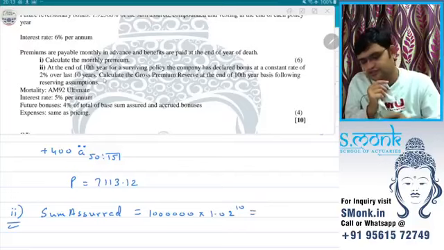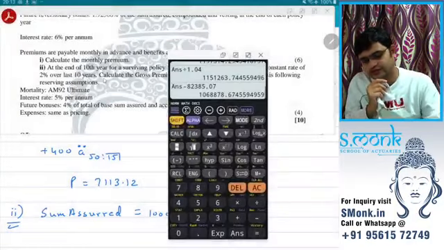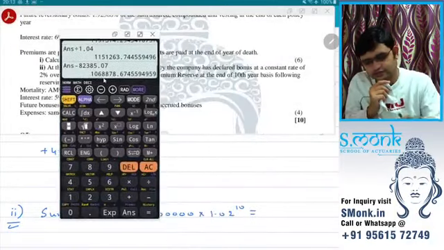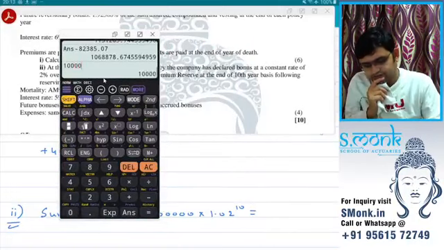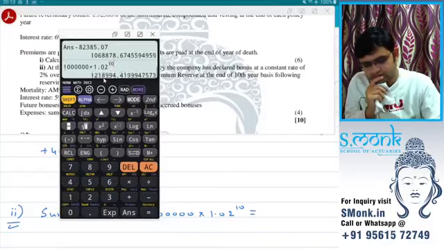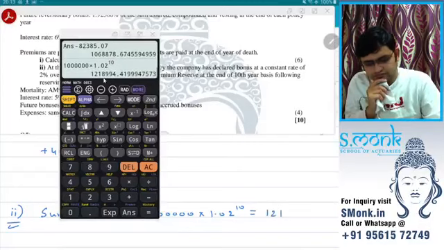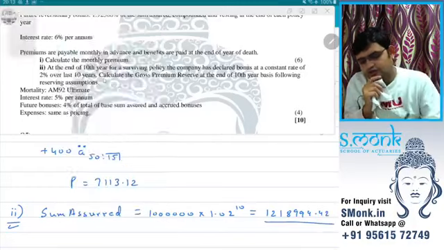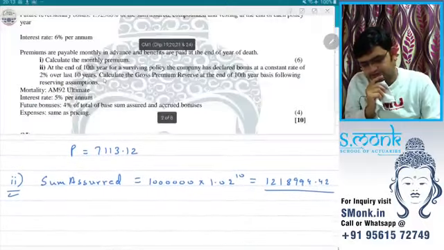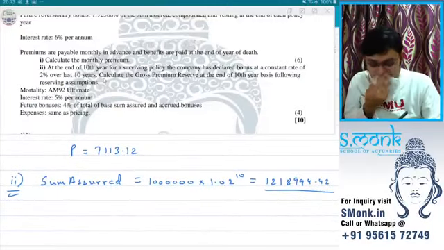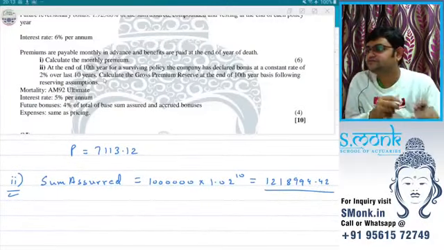This is the value the person will get because this is the bonus that was declared. This is the amount they'll get at time 11 if the person dies between 10 and 11.